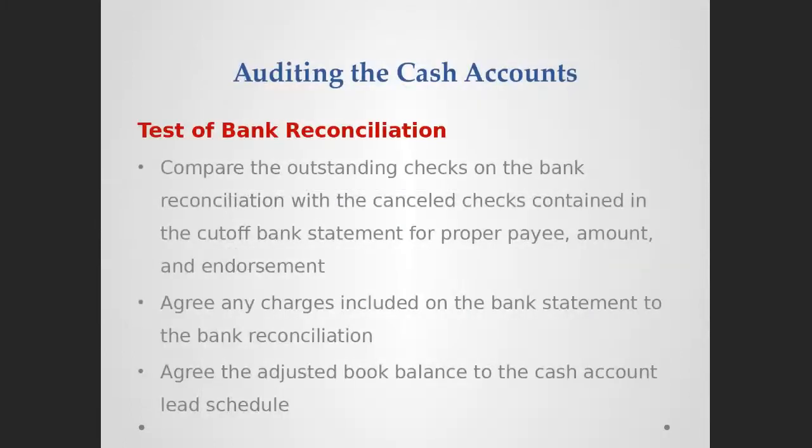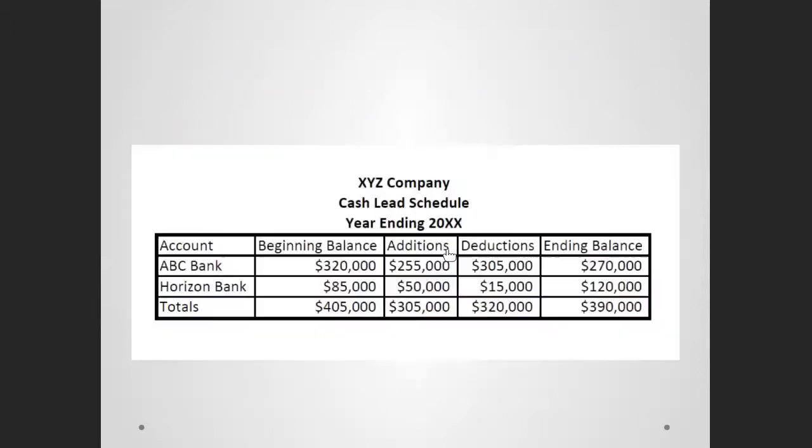What is a lead schedule? This is what it looks like. From your client, you're going to get a lead schedule that shows the beginning balance, all the money deposited into the bank account, all the money taken out, and the ending balance for every single account that the client has. So this last one, 270,000, should match the 270,000 in the bank reconciliation.